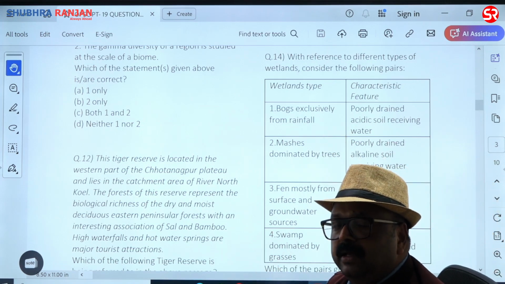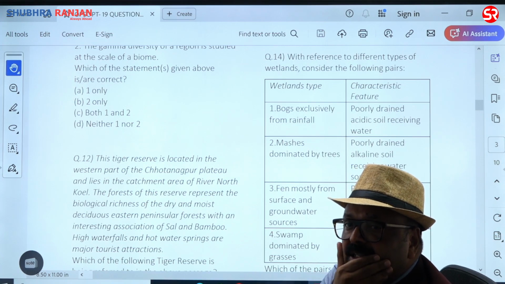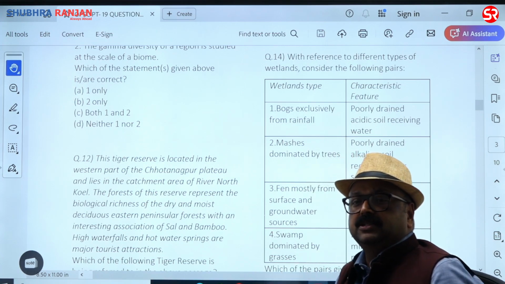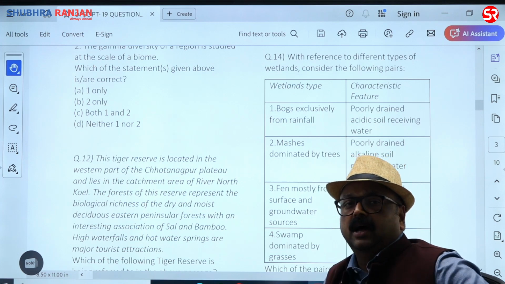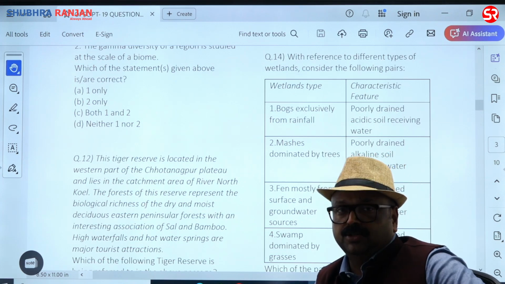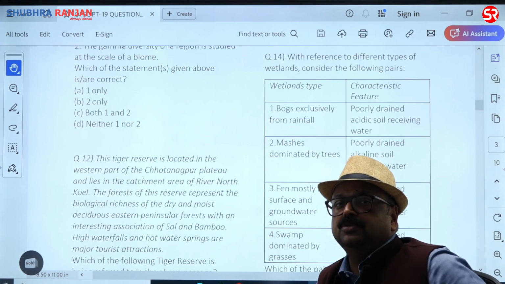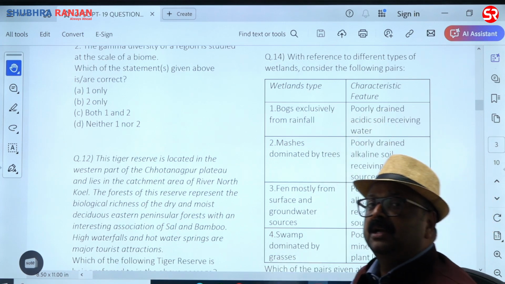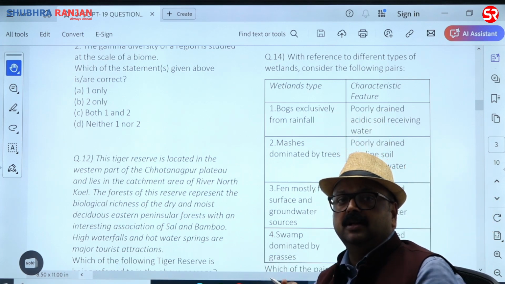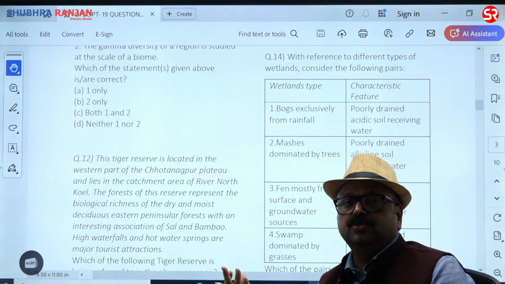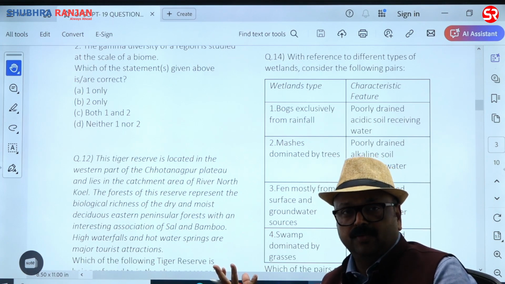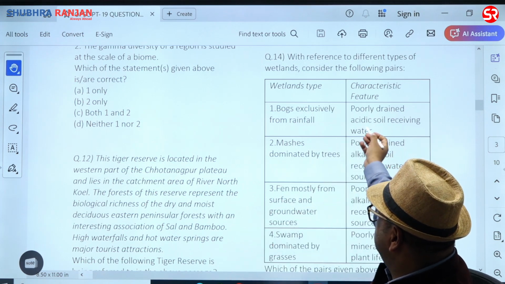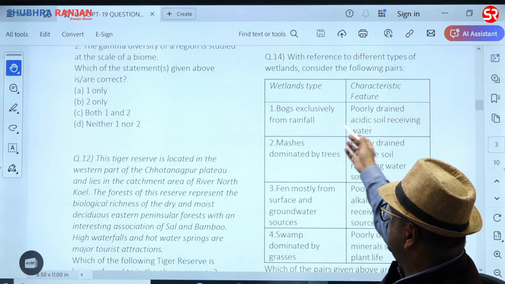Accumulation of water is going to create anaerobic condition, and in anaerobic condition, what happened? There is anaerobic decomposition, and this anaerobic decomposition leads to partial decomposition of organic material, and partial decomposition of organic material reacting with water is going to cause acid over there. So acidic soil will be there. It is right, and poorly drained. So this is what bog.